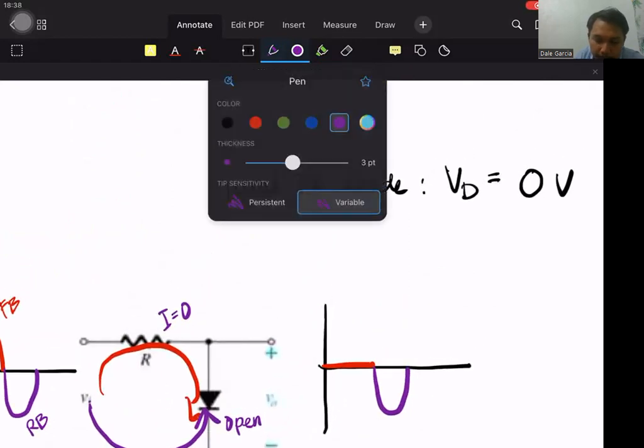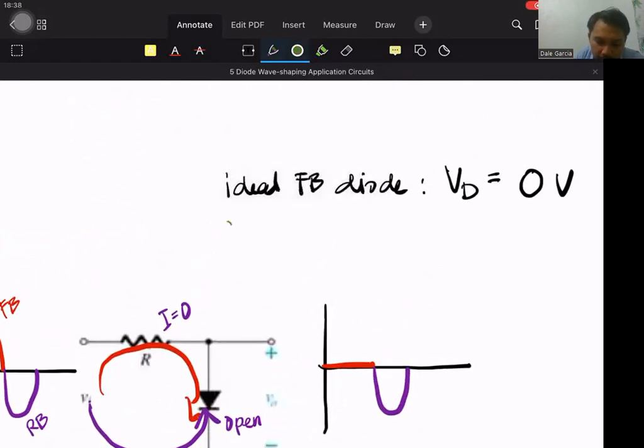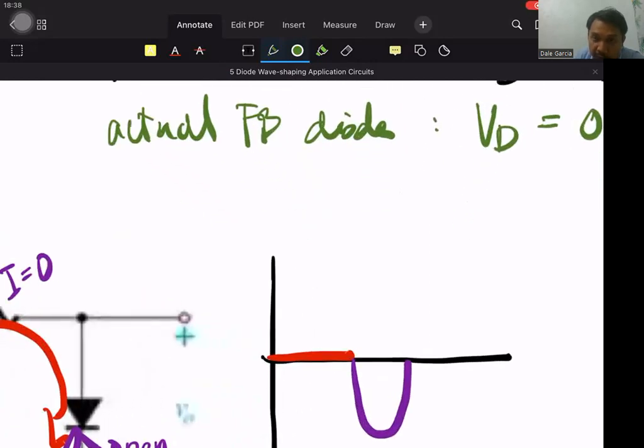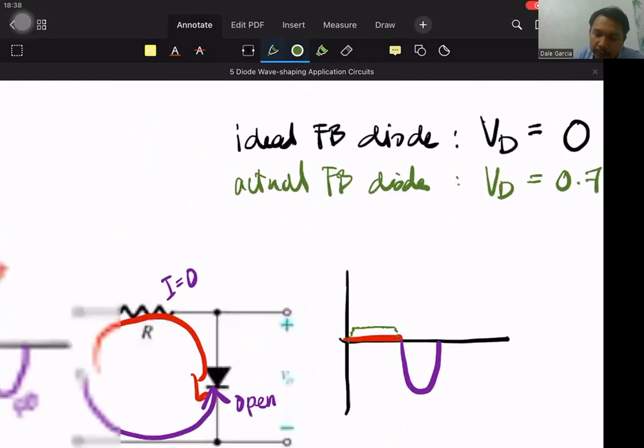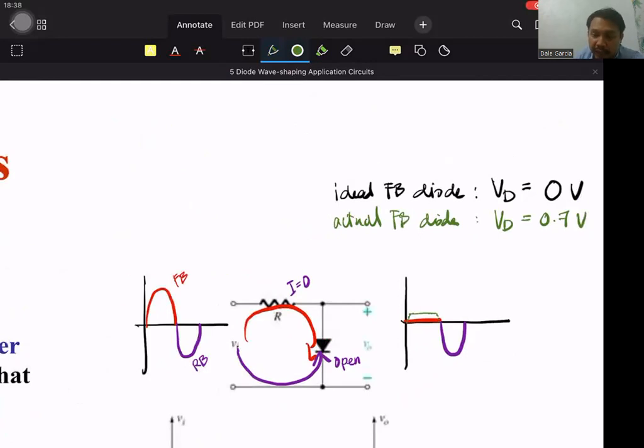For an actual forward-biased diode, of course, VD is 0.7. Instead of 0, it will start here, at 0.7. That's for the practical case.